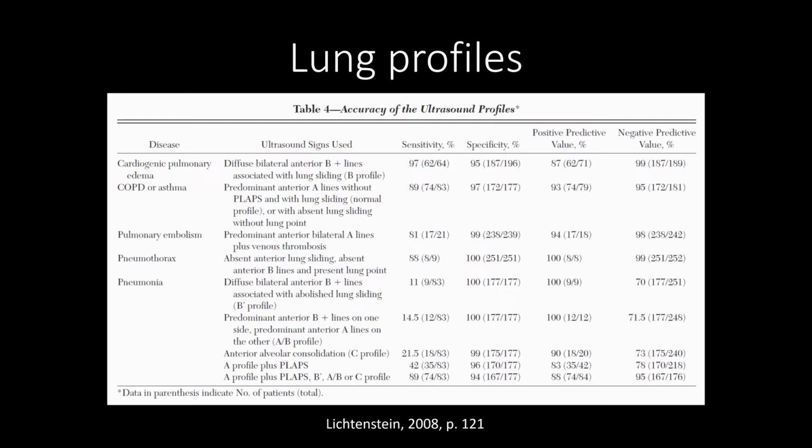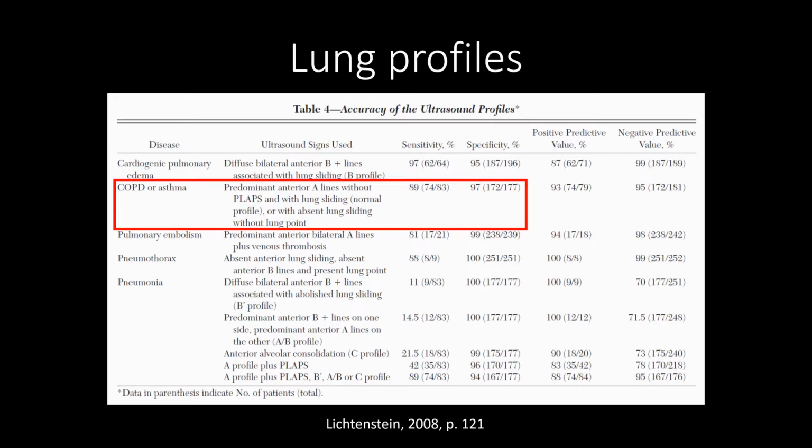The sensitivity and specificities of these lung ultrasound profiles for their associated diagnoses is quite strong, as can be seen in the table listed in the slide here. Just to review some of the data that was identified by Lichtenstein et al., for cardiogenic pulmonary edema and an associated B profile, the sensitivity was 97% and specificity 95%.